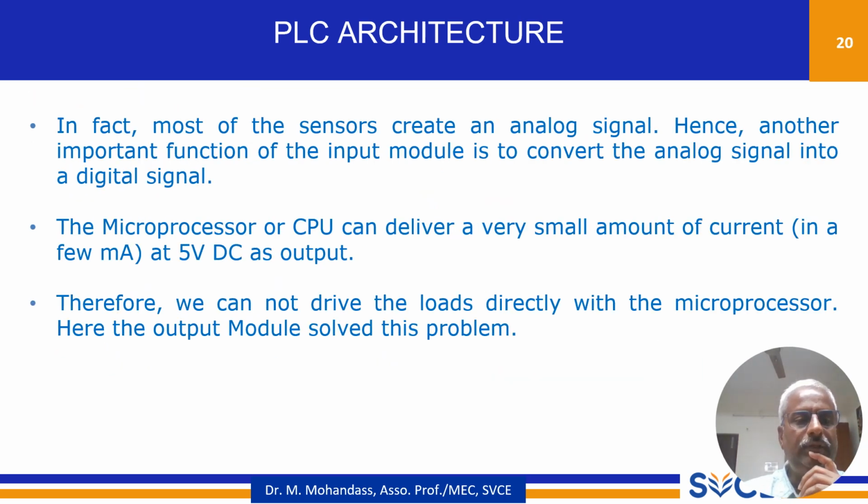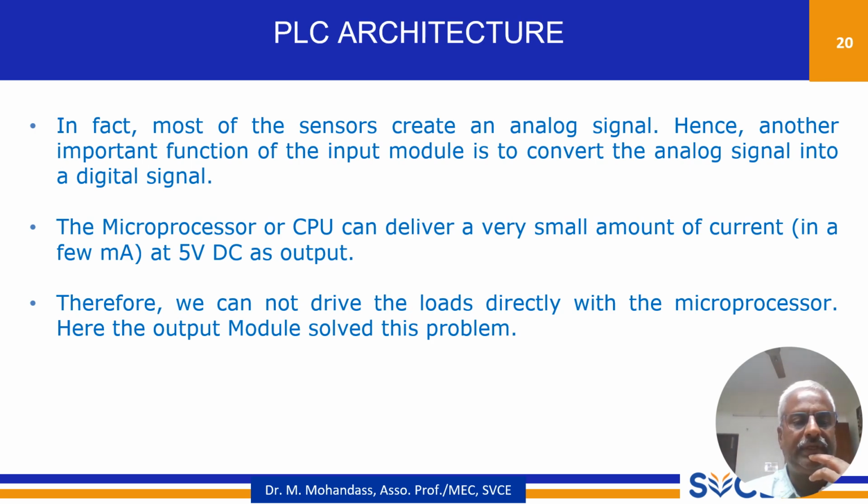In fact most of the sensors create an analog signal, and another important function of the module is to convert the analog signal into a digital signal. The microprocessor or CPU, the central processing unit of the PLC, can deliver a very small amount of current, that is a 5 volt DC output.